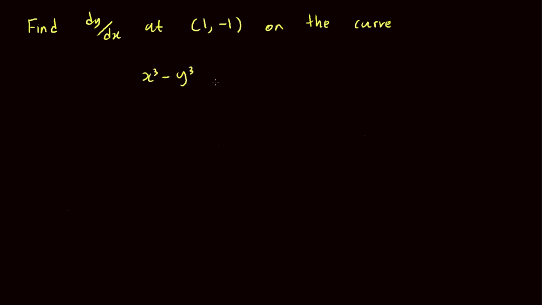We have to find dy over dx at (1, negative 1) on the curve, and the curve equation is given to us as x cubed minus y cubed minus xy minus x equals 0.